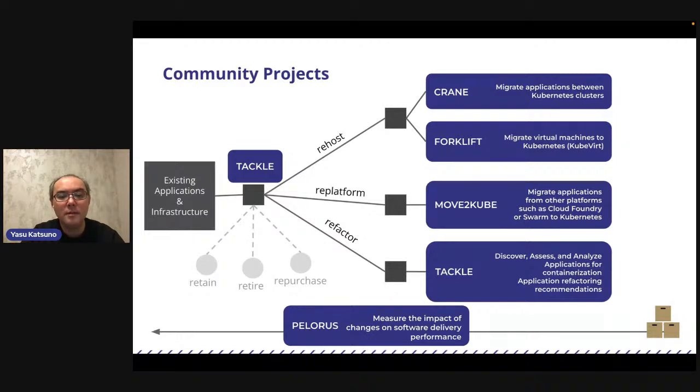The third choice, refactor, is different from the first two. Refactor is to modify and update application code so that the application can run on Kubernetes in a cloud native way.